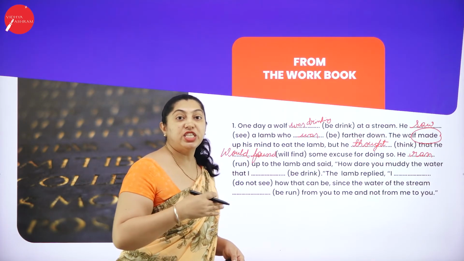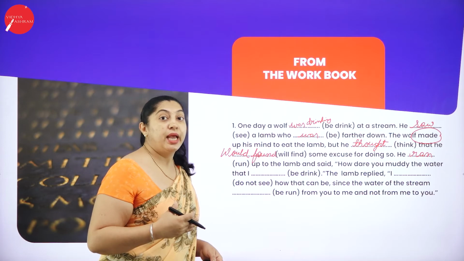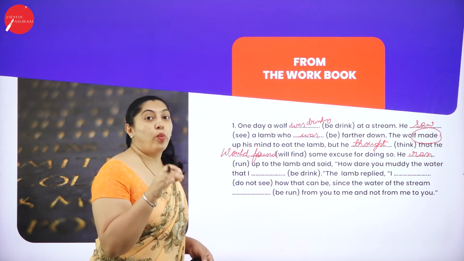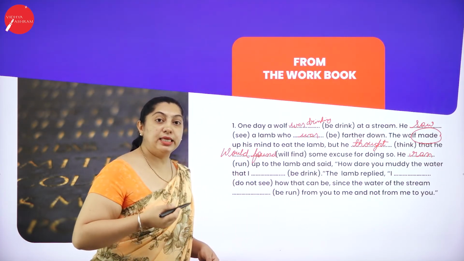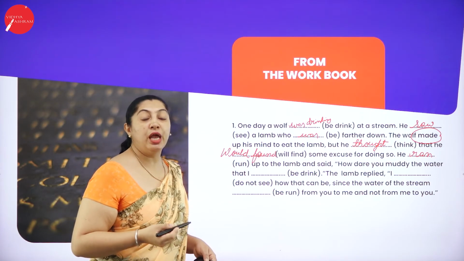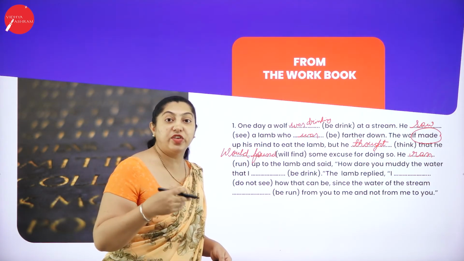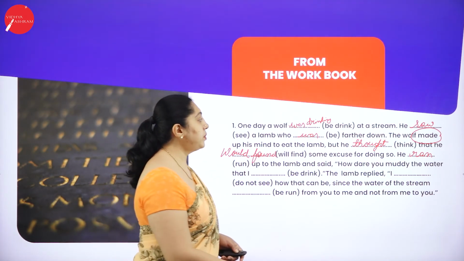So if the passage is in the past tense, all the answers will be in the past tense. It doesn't matter that everything should be in the past tense, but when the question is in the inverted commas, the answer automatically changes to the present tense, because the quotes will always be the fact, the universal truth or the exact words.